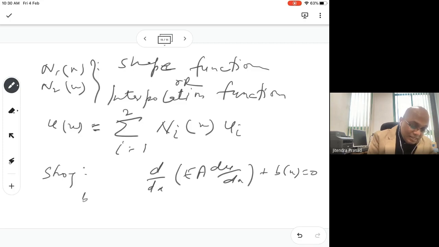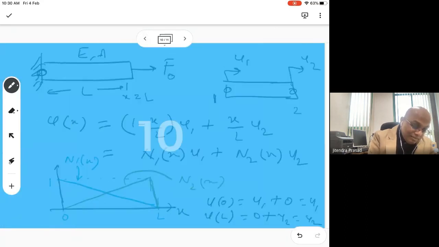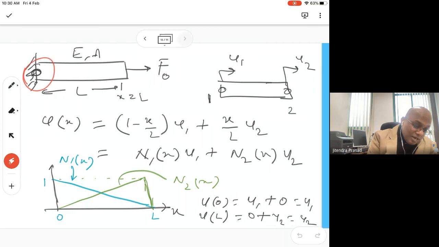Here in this case there is no body force, so 0, and EA is constant. Then we have boundary conditions. It is fixed at one end, so u(0) equal to 0.